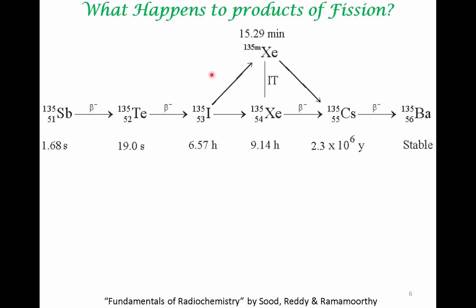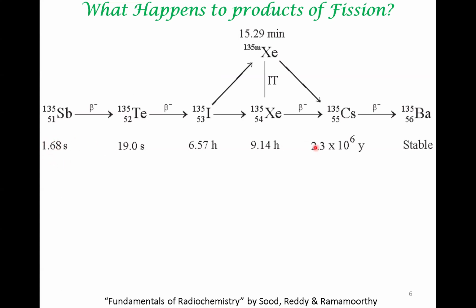Many a times, the products of the fission reaction itself will undergo certain other nuclear transitions. So, for example, if you generate one of these fragments via U-235 nuclear fission, they undergo beta minus transition, a range of transitions with a range of time scales, right?